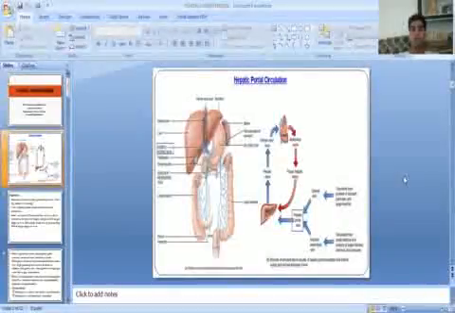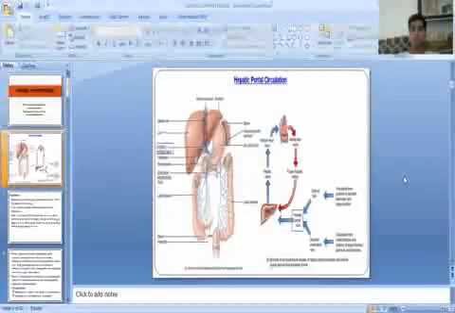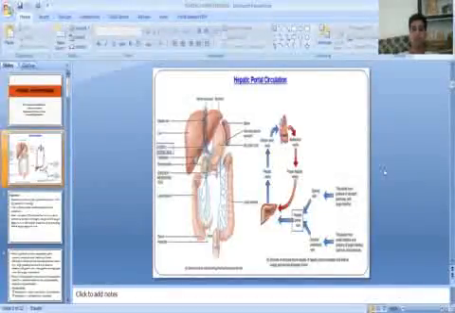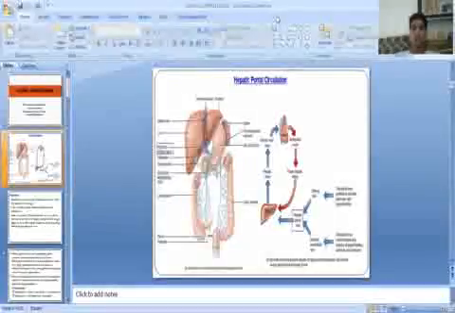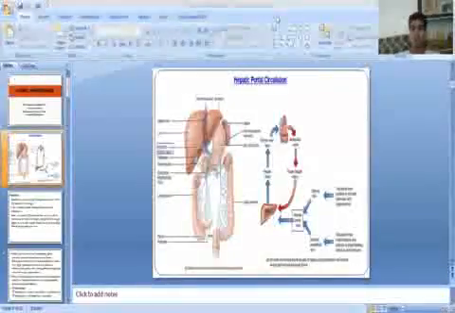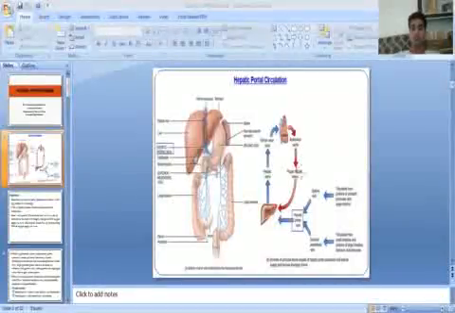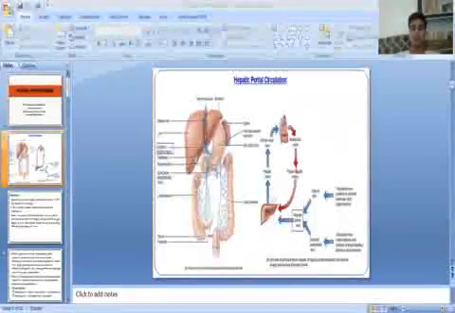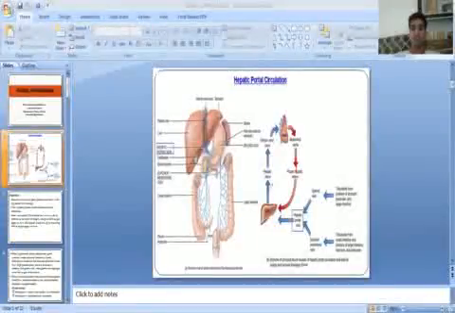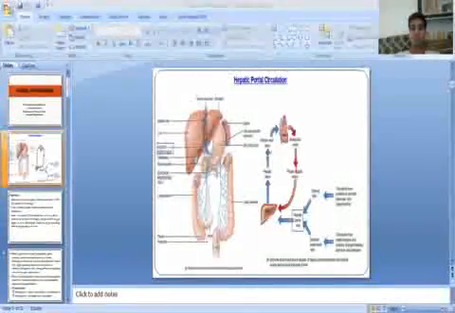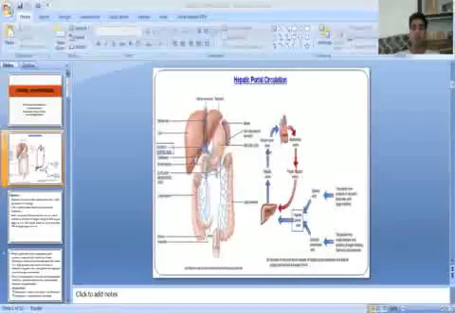The heart pumps blood into the abdominal aorta and then the hepatic artery to the liver. From the liver, blood drains through the hepatic veins into the inferior vena cava and to the right atrium of the heart.